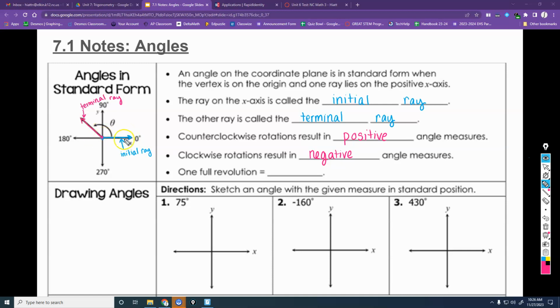It'll always be right there. The pink one right here can spin around and create different angles.